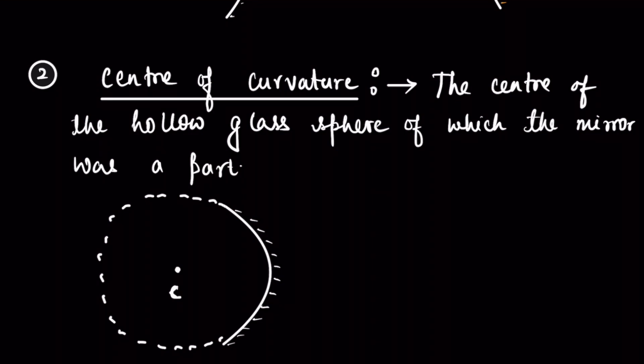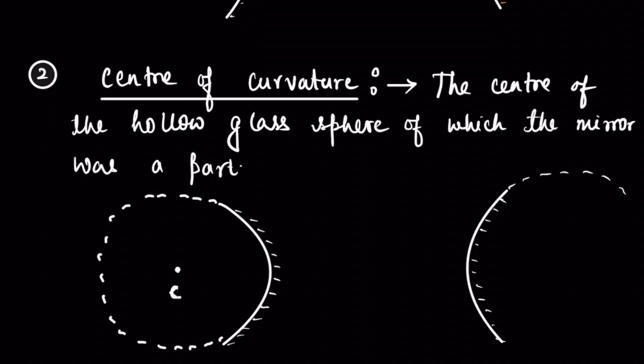Similarly, if we have a convex mirror and if we try to make a sphere, the center of the sphere is the center of the curvature, and it is represented as capital C.